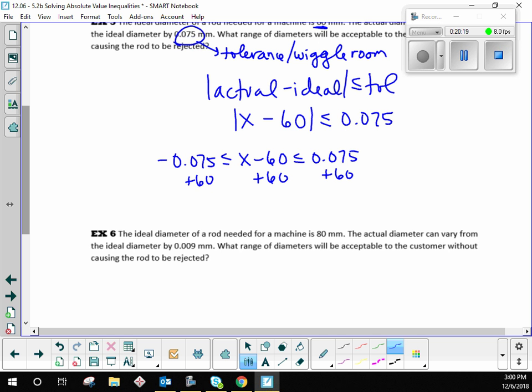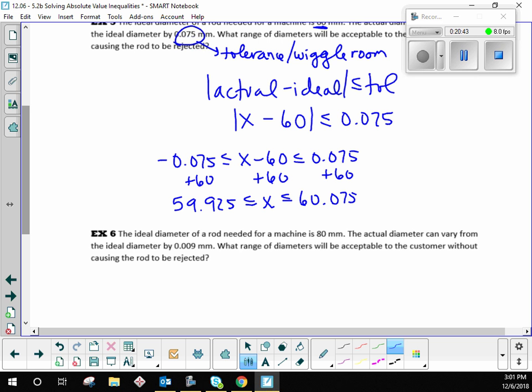And this will give me 59.925 and 60.075. So the x, which represents the actual length of whatever the part that came out was, has to be between 59.925 and 60.075. But don't forget that a word problem needs a word answer, and it needs units.